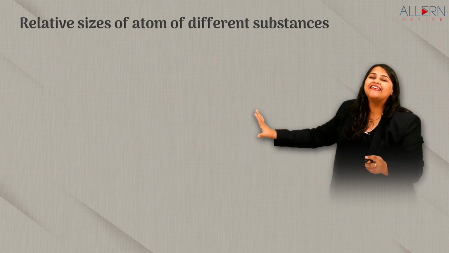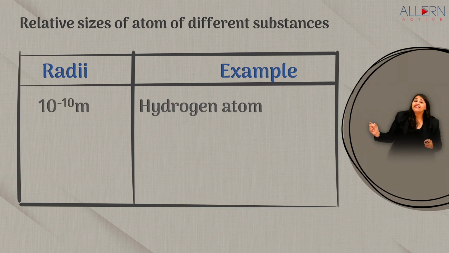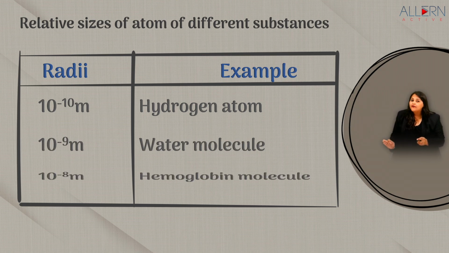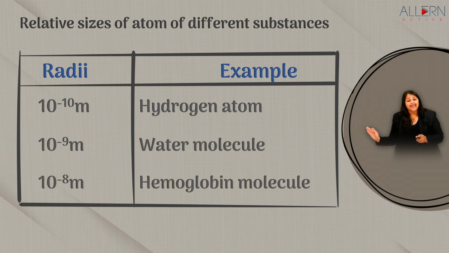But before that, let's see the examples. So you have, my dear child, hydrogen atom. The radius of the hydrogen atom is 10 raised to minus 10 meters. Then when you talk about water molecule, it's going to be 10 raised to minus 9. Hemoglobin, 10 raised to minus 8.